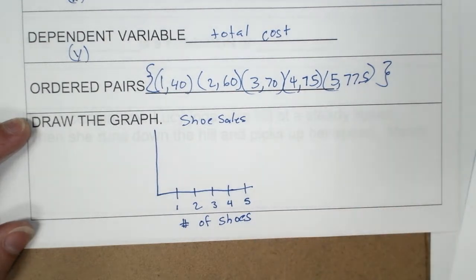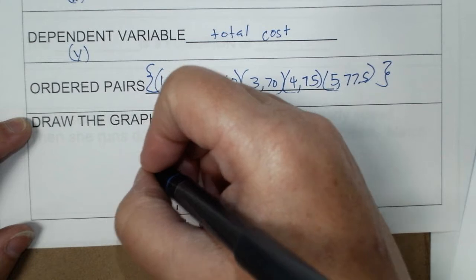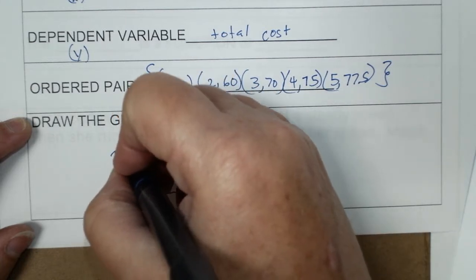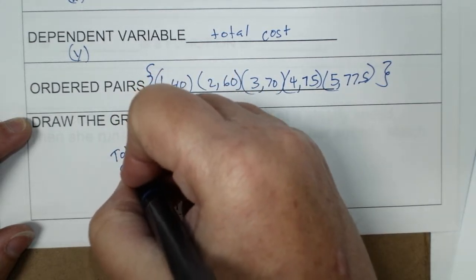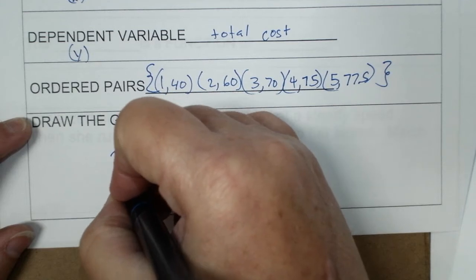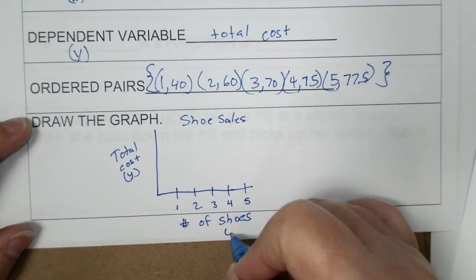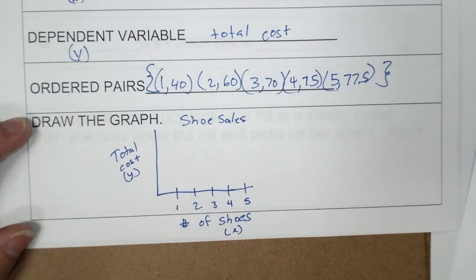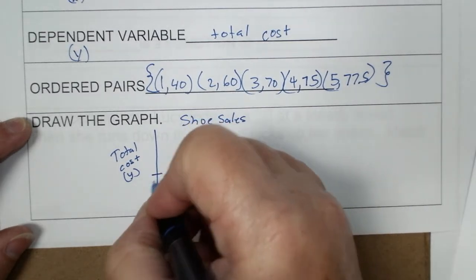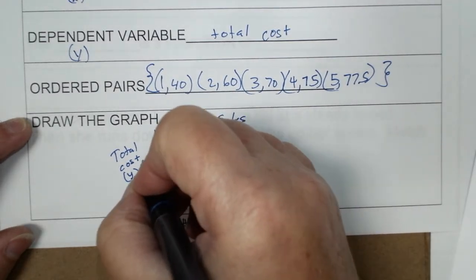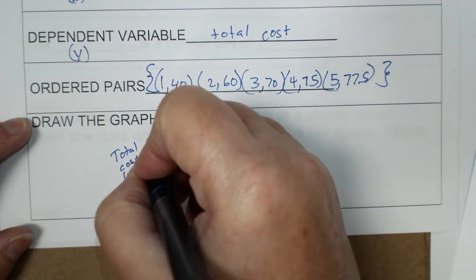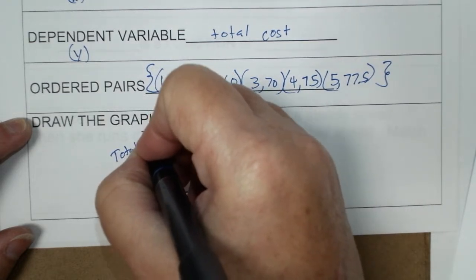Now your independent variable is always your x-axis. And then your dependent is always your y. So this is total cost. It could be labeled x. And then you could go 20, 40, 60, 70.